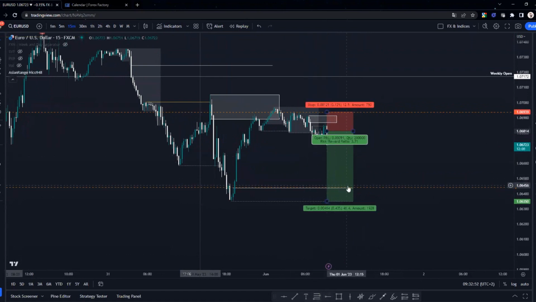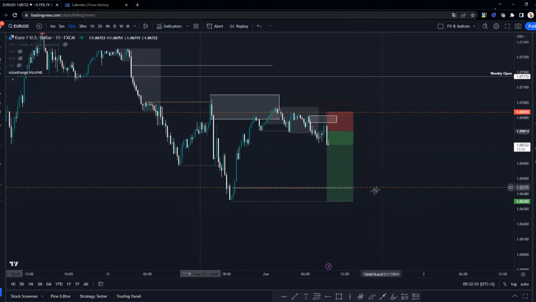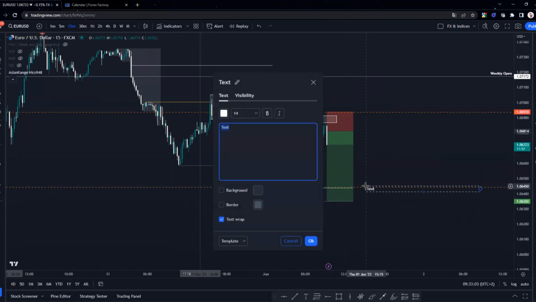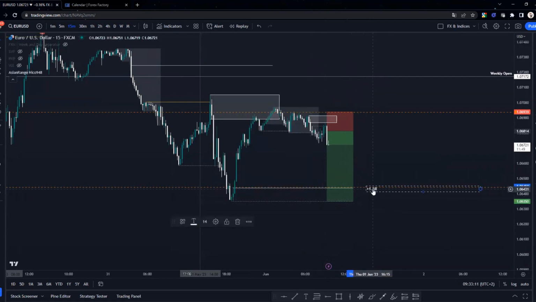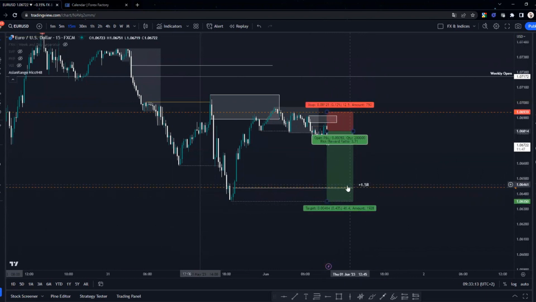Considering I'll be taking half of the position over here at the 1 to 3, this will be plus 1.5 R over here, because it's 3 half 2, and this is 3.7 half 2.